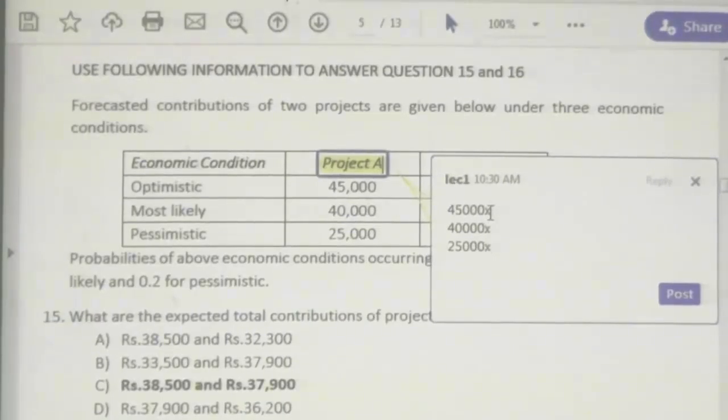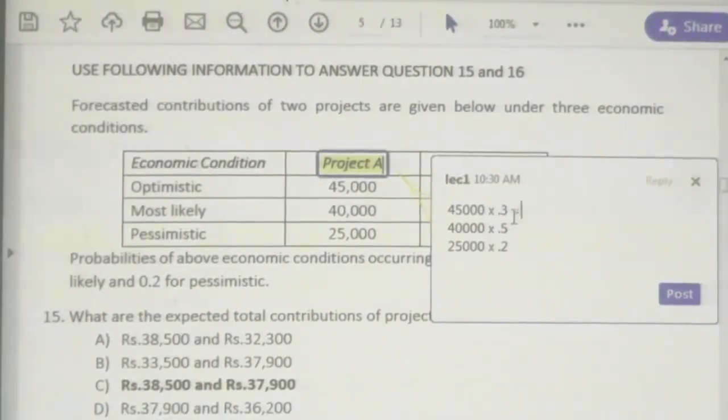These are possible outcomes. Then you will multiply them by the relevant probabilities: 30%, that is 0.3, then 50%, that is 0.5, and finally 0.2.